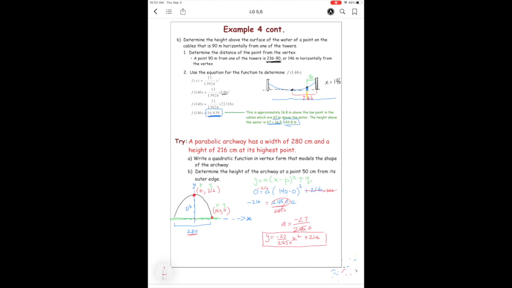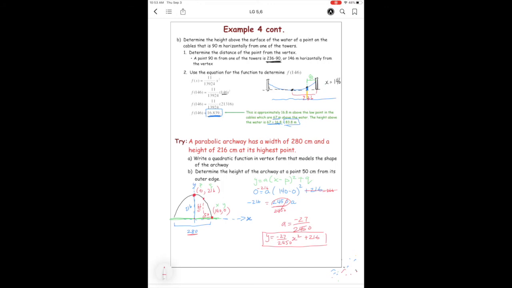Now, determine the height at a point of 50 centimeters from the outer edge. So this is similar to what we just did before. So we're going from this outer edge back 50 and then going up to find that height. That's what we're trying to find.